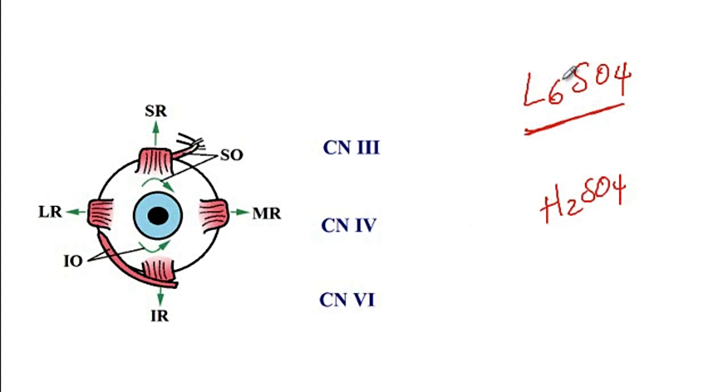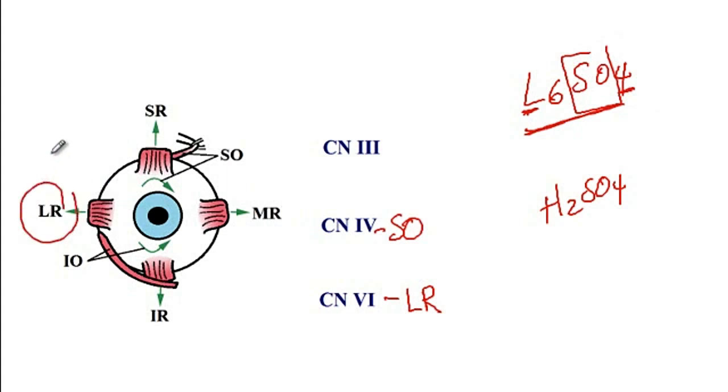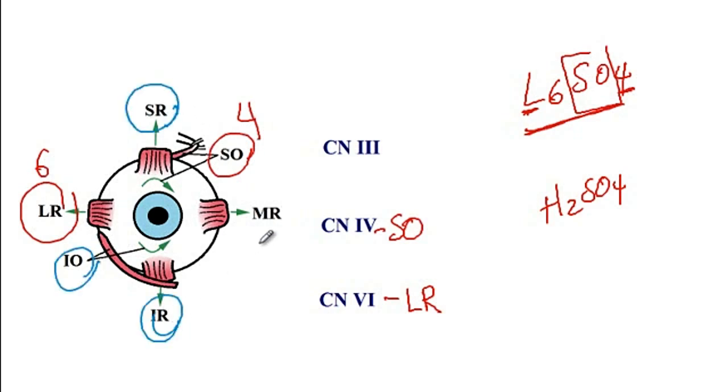So cranial nerve 6 innervates L, the lateral rectus, while cranial nerve 4 innervates SO, the superior oblique. And thus cranial nerve 3 innervates every other muscle. So once again, lateral rectus is by cranial nerve 6, superior oblique is by cranial nerve 4, and then the rest of these muscles are all by cranial nerve 3.